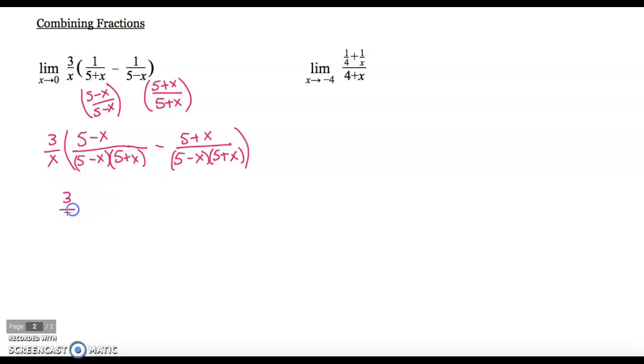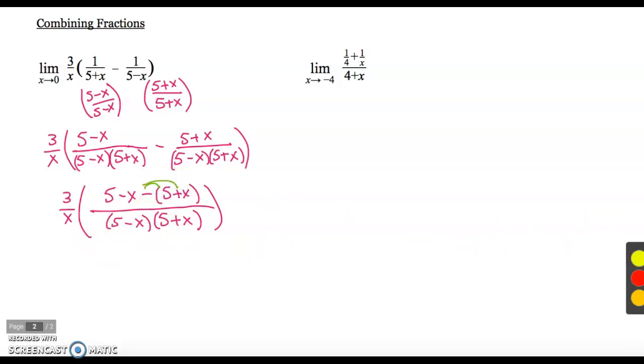So, lovely. I'll go ahead and simplify the top a little bit. My numerator will end up distributing that negative. Careful.